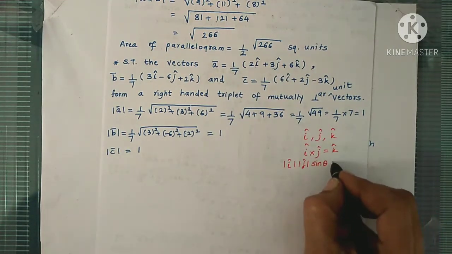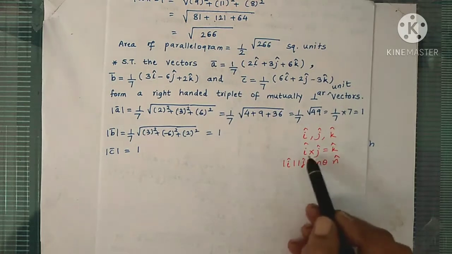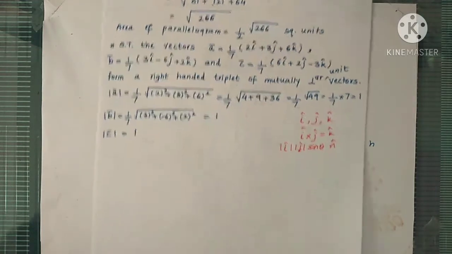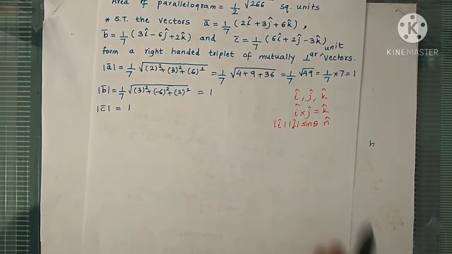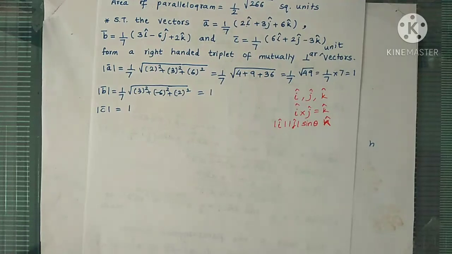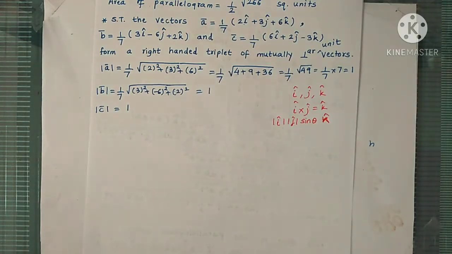And next we write n cap. So what is n cap? N cap is a unit vector perpendicular to both the vectors, and those two vectors and n cap form a right-handed triplet. So such a vector is k cap only. So that's why here k cap plays the role of n cap. And all these three terms have value 1.